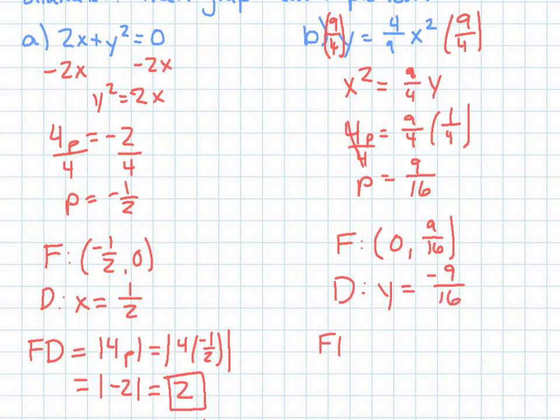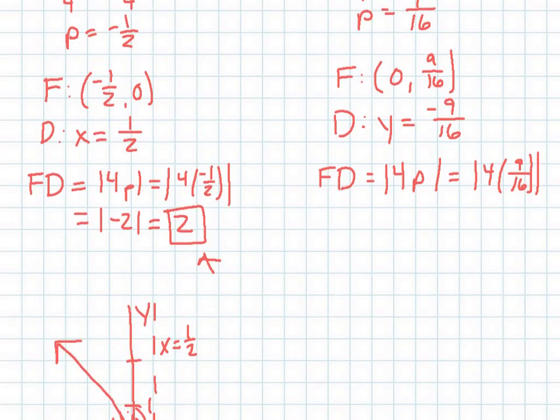And then your focal diameter, so 4 times the absolute value of p, so 4 times 9/16. So that gets you the absolute value of 9/4, which is just 9/4.